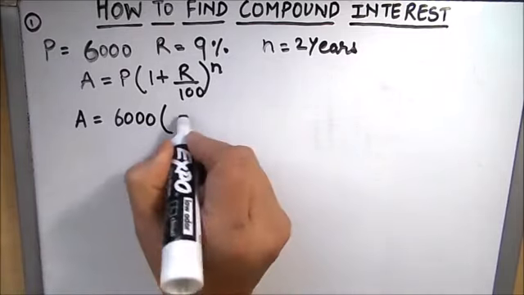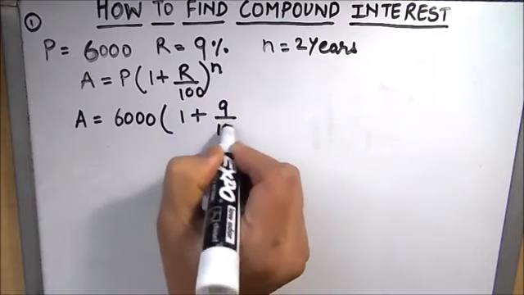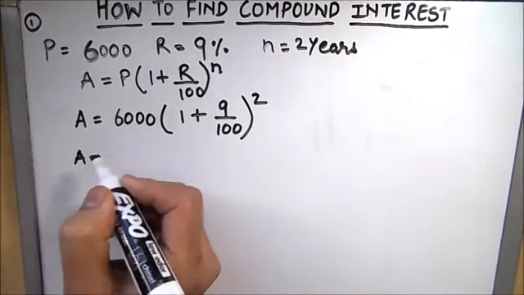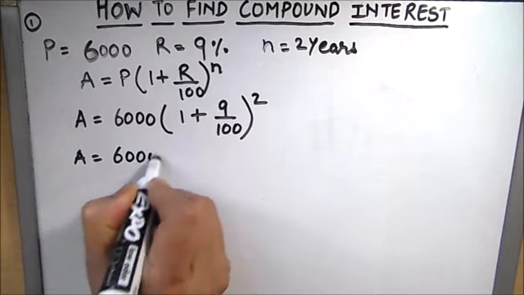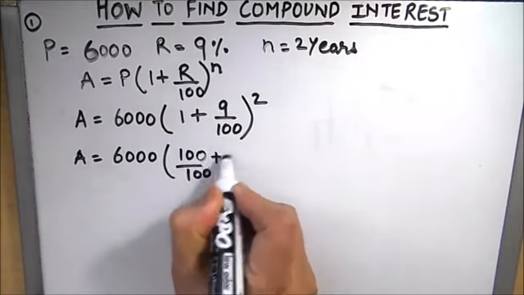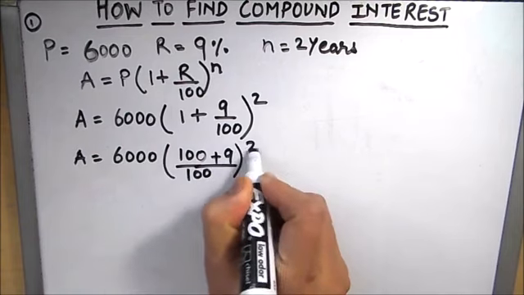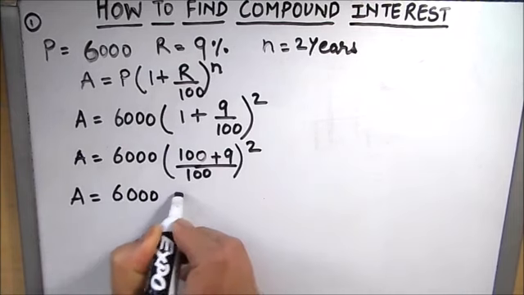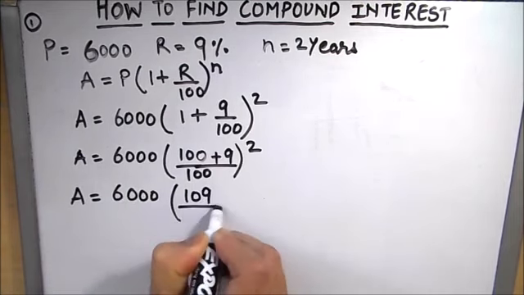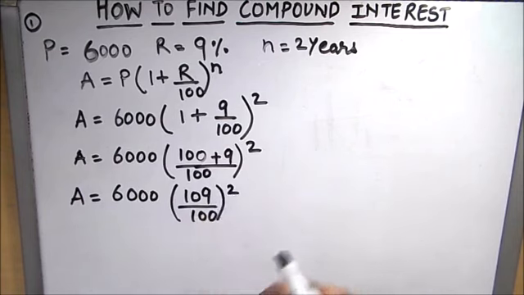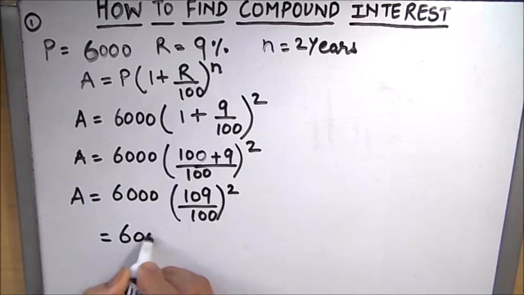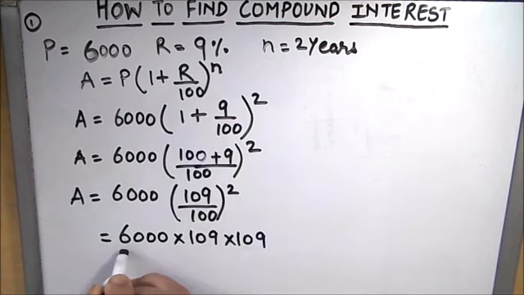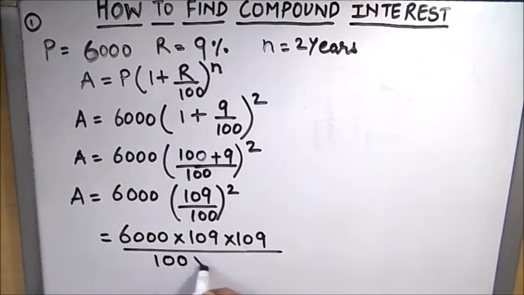So P is 6,000, 1 plus 9 over 100 raised to power 2. So amount is equal to 6,000 times (100 plus 9 over 100) raised to power 2. Then this is 6,000 times 109 over 100 squared. Now after solving, this gets multiplied 2 times, and 100 times 100.